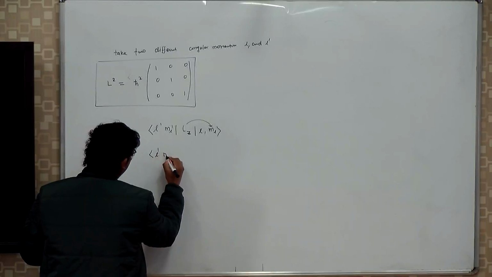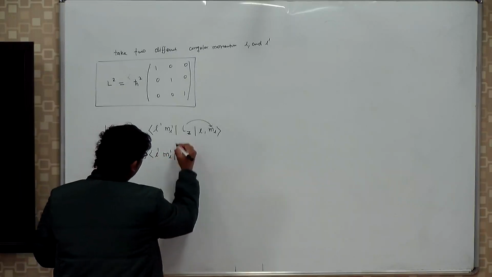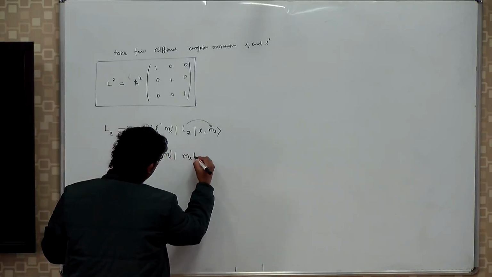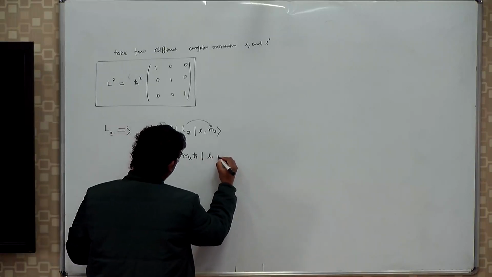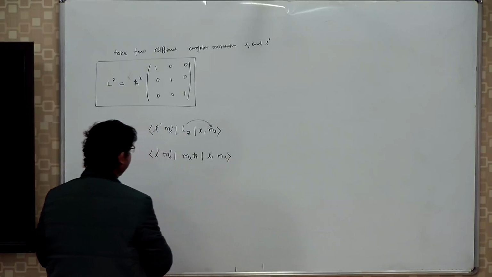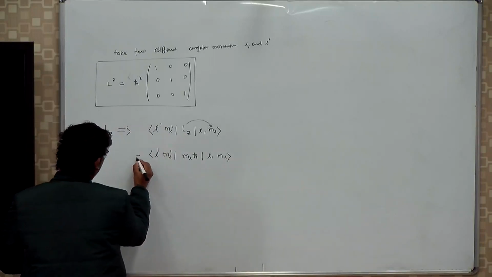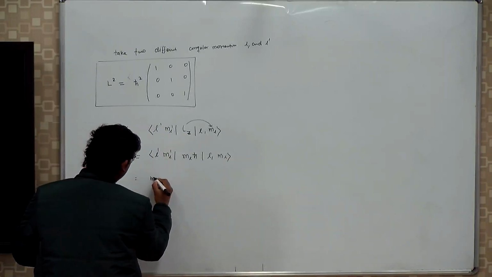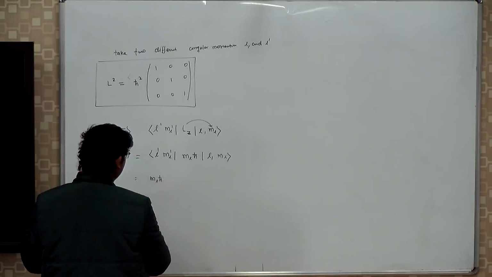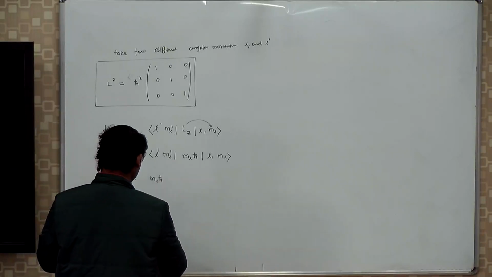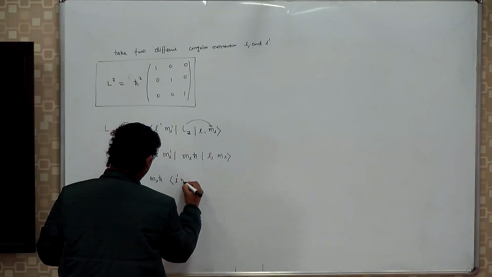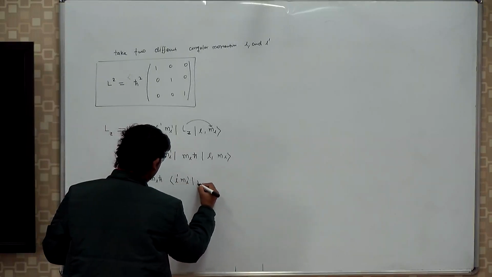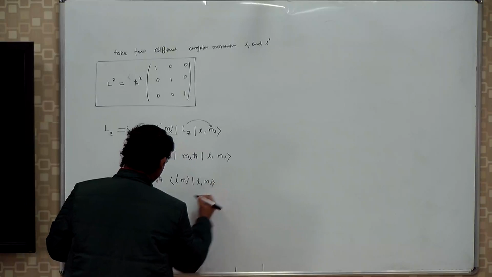We get the eigenvalue m_l ħ times the state |L, m_l⟩. Then we can take this m_l ħ outside, leaving ⟨L', m_l'|L, m_l⟩.